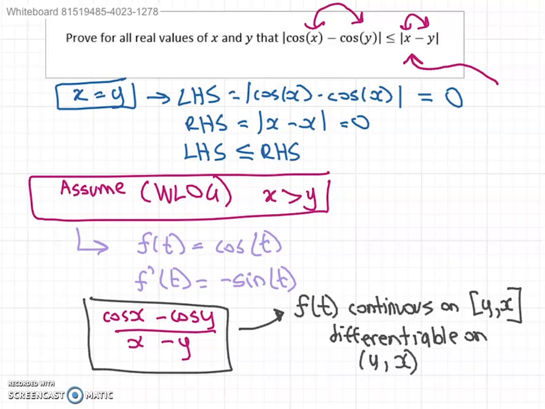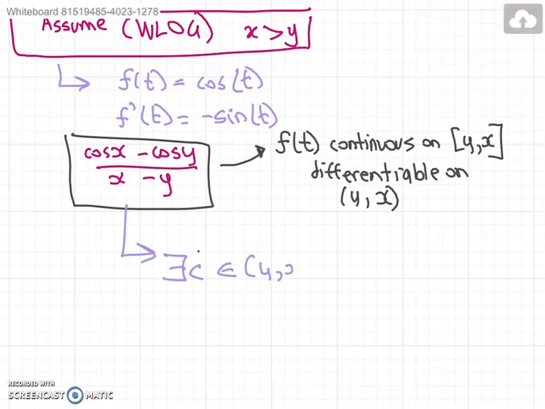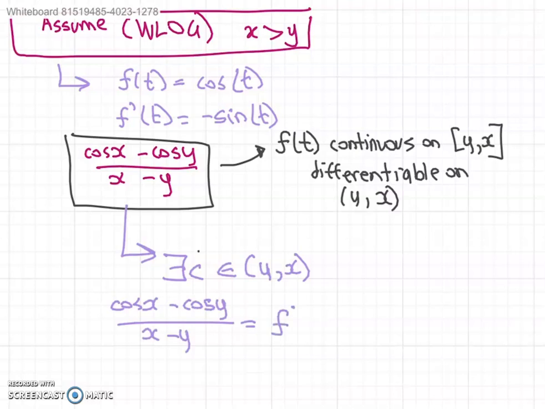This means you can find a c in the open interval (y, x) such that cosine of x minus cosine of y divided by x minus y is equal to the derivative of f at c, and this is equal to negative sine of c.